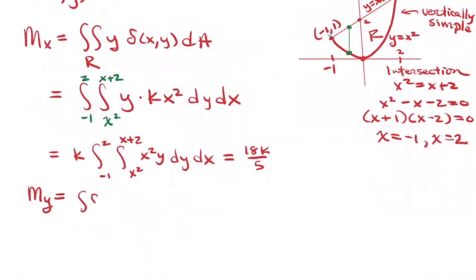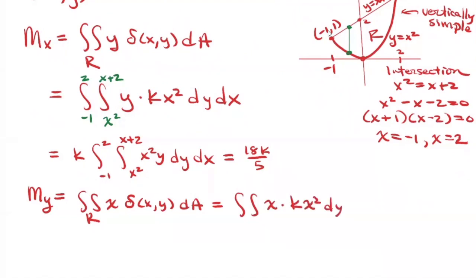My double integral of x, same region R, x times density. Like that. And of course, that means we're going to do an x times kx squared, and then dy dx.